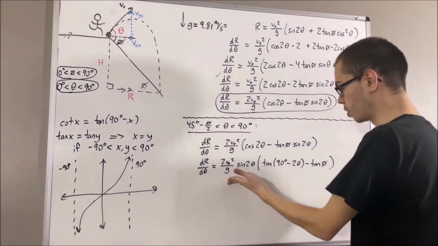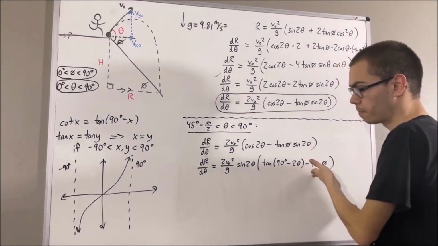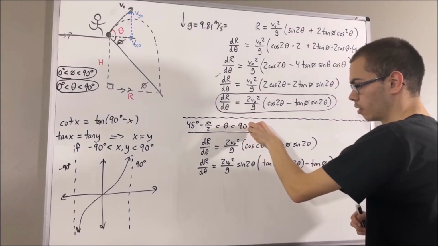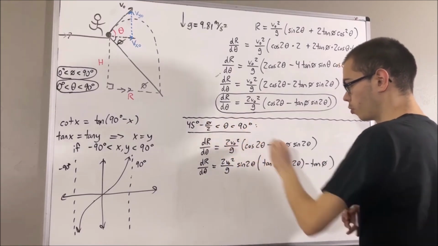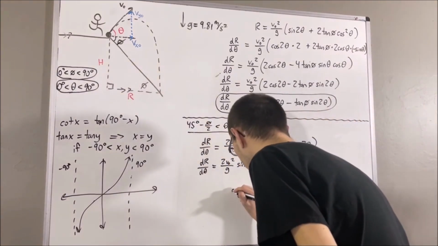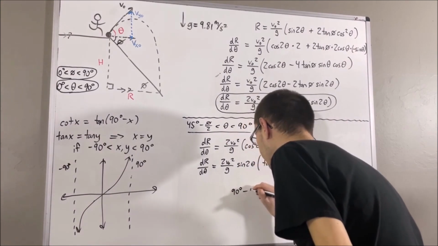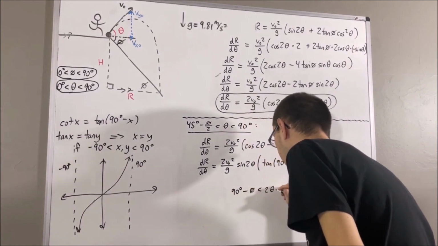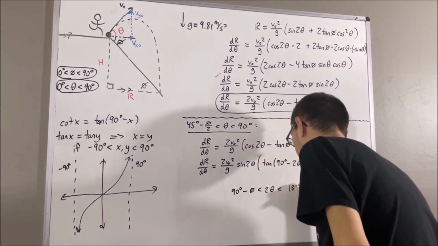Now the whole goal is to show that this is negative. Now, if we modify this inequality, we're going to multiply by 2 on all three sides. That will give us 90 degrees minus phi is less than 2 theta is less than 180 degrees.